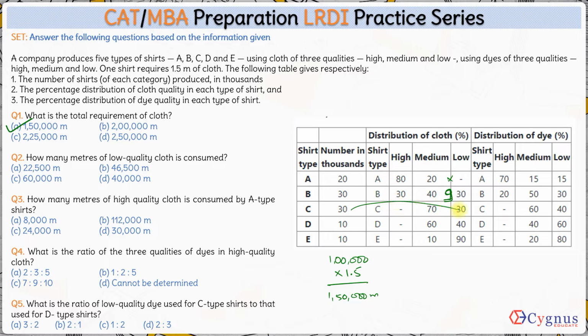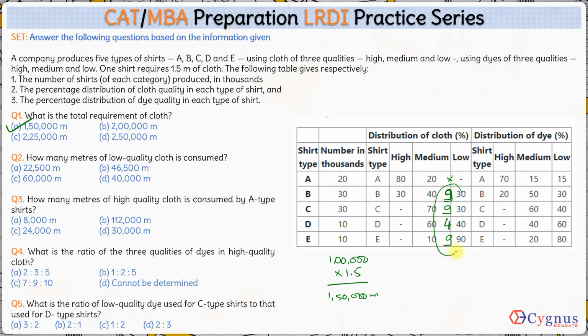Again for type C, 30% of 30,000, that is 9,000 shirts. For type D, 40% of 10,000, that is 4,000 shirts have to be made using the low quality cloth, and this figure will be 9,000 for type E shirts.